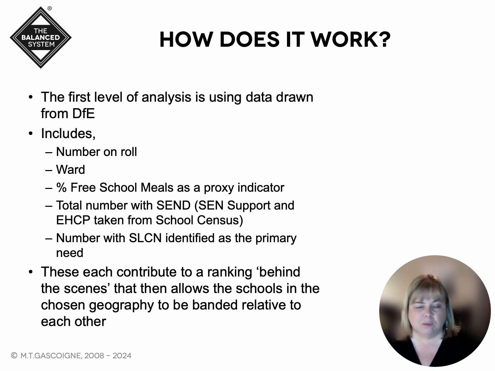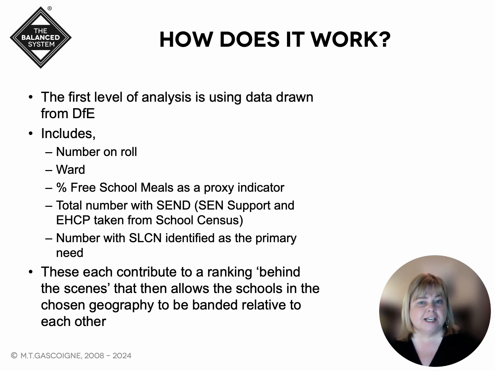Information that will be very familiar to colleagues: number on roll, the ward, which gives us demographic information in the background, the proxy indicator for disadvantage of free school meals, the number of children reported on the SEND census data, both for school support and with EHCPs, and also pulling out those children and young people identified through that SEND census as having a primary need in the area of speech, language and communication. We know, of course, that there are speech, language and communication needs coexisting with many of the other categories of primary need, but nevertheless, it makes sense to identify specifically that category in this kind of modelling process.